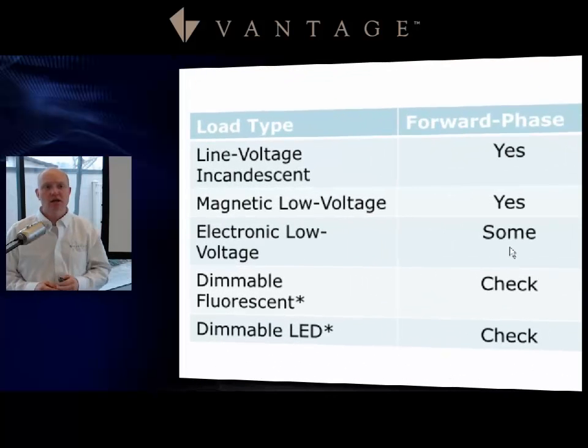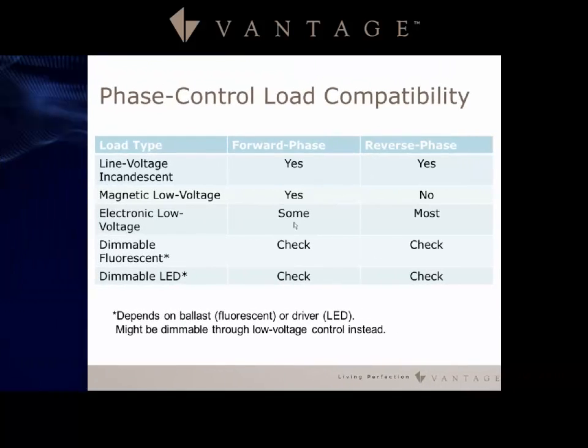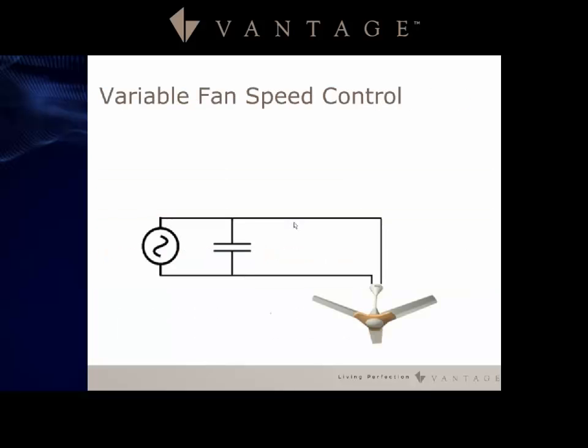As you can see, the second line down, magnetic low voltage loads are really the only type of load that we know for sure is 100% forward phase. Everything else, you have different manufacturers who might make some things forward phase and they might make other things reverse phase. So the gist of this list is that you need to do your due diligence, check with the manufacturers, and understand whether the fixture is forward phase or reverse phase.